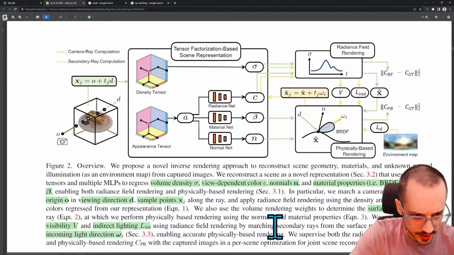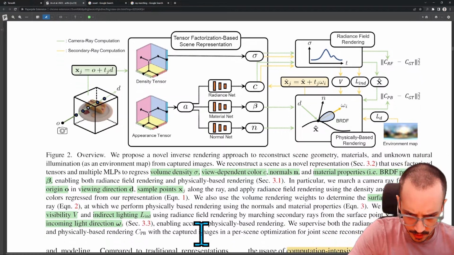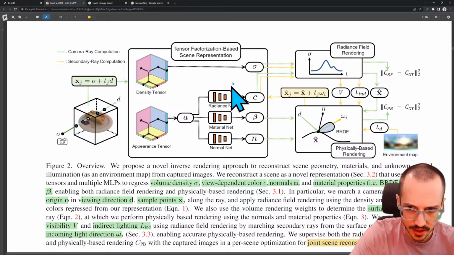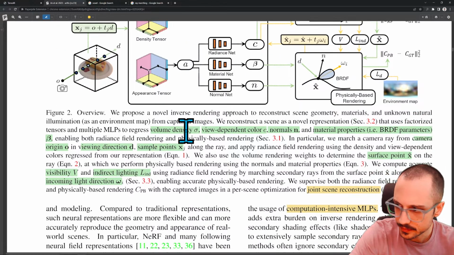Using radiance field rendering, we supervise both the radiance field rendering CRF and physically based rendering CPB with the captured images in a per scene optimization for joint scene reconstruction. And the joint here refers to the fact that there's two different kinds of losses and two different paths being used to produce gradients to train these models.